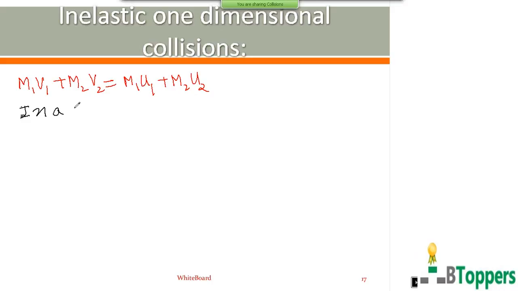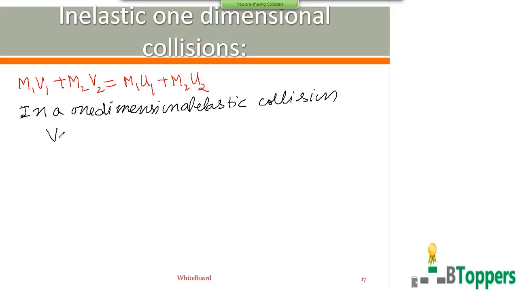So in a one-dimensional elastic collision, we write V2 minus V1 is equal to U1 minus U2.